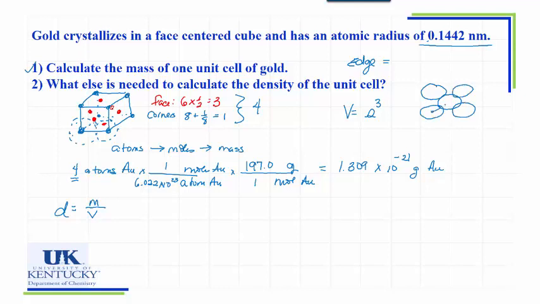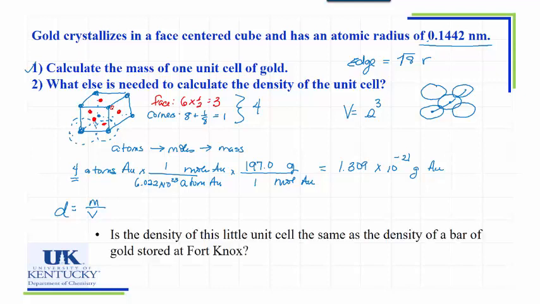And if you take those radii and do some mathematics with it, you will be able to determine that the edge length is the cube root of 8 times r. Now, that is true. We would be able to get the edge length and the volume and be able to get the density. I'm not going to do that in this problem, but you could.